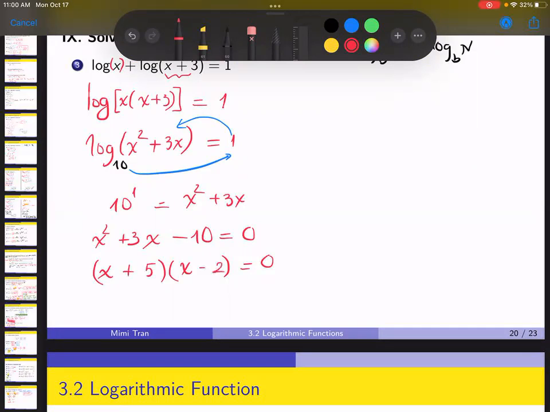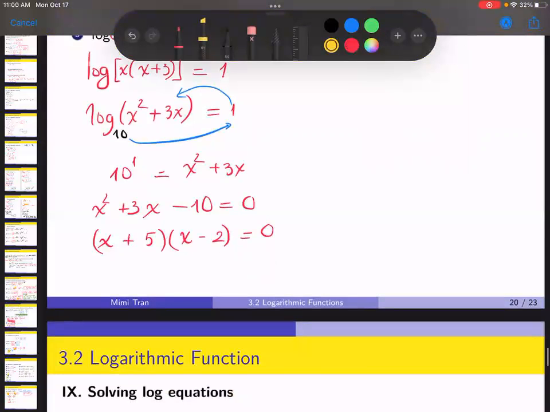X minus 2, right? Sure, yeah. I'm not stingy about the check mark. I'm stingy about what I give you on the exam though. So x equal -5 or x equal 2.